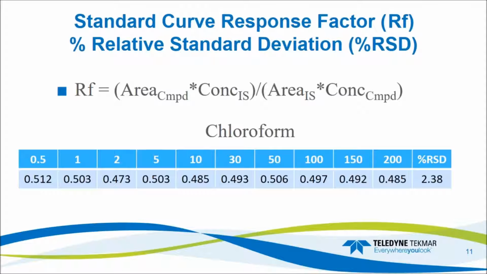So what you get is a response factor for each standard data point. So at 0.5 ppb for chloroform, the response factor was 0.512. At 1, it was 0.503, etc., etc. Then we take the relative standard deviation of that, and that's what we're talking about when we talk about the standard curve percent RSD. Just kind of wanted to clarify that because some people may not totally understand that part when we're talking on this webinar.